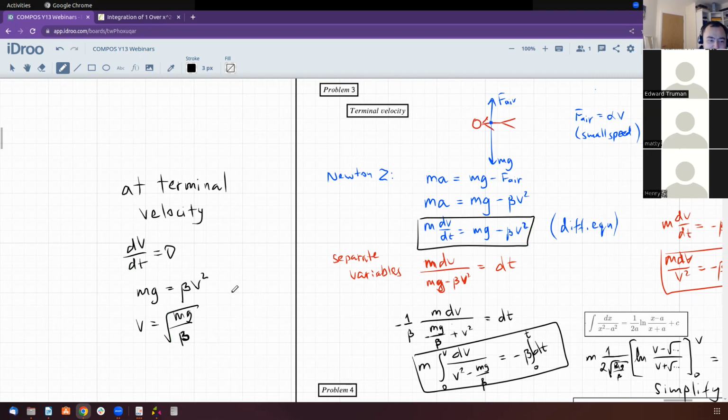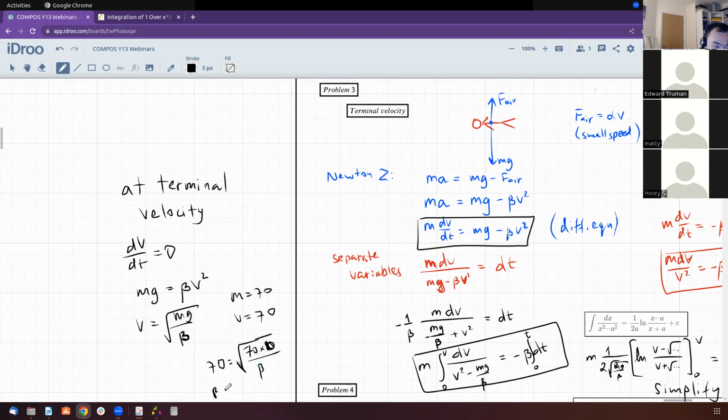So for example, we have m equals 70, and the velocity is 70. So we have 70 equals square root of 70 times 10 over beta. Don't feel that you have to put 9.8 every time, at least not for COMPOS. g is 10.